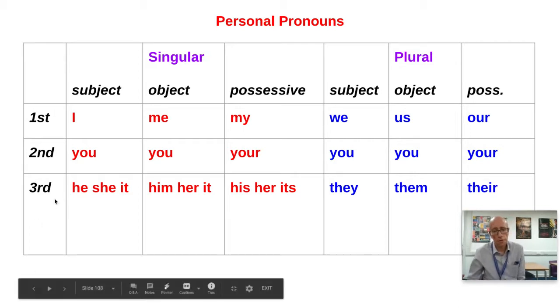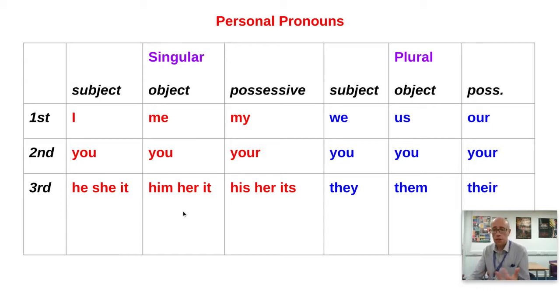We have over here third person pronouns, which in English are gender specific. So we think it's important to specify the gender of the person that we're referring to. Now, some languages don't do that. If you think of Turkish, for example, they just have a single word, o, which is non-gendered.